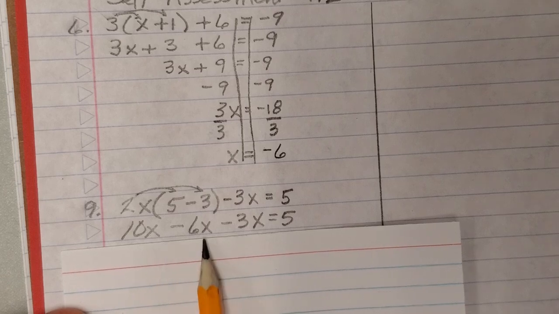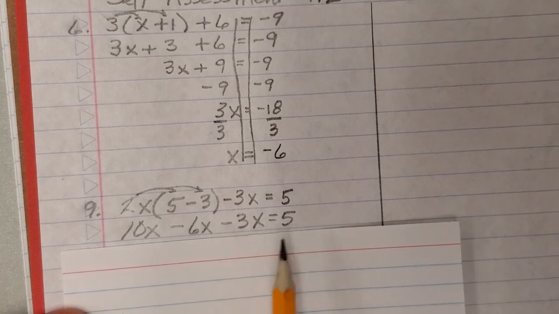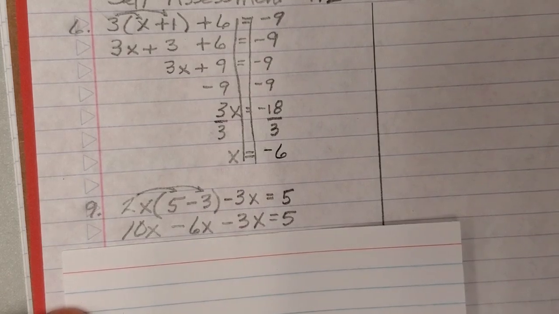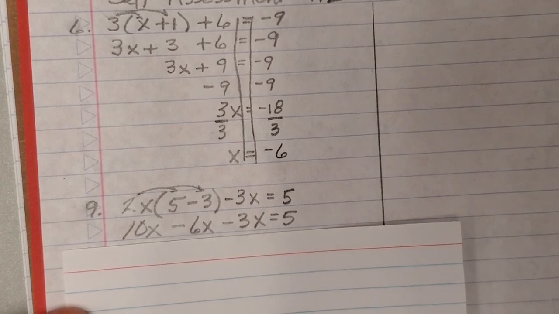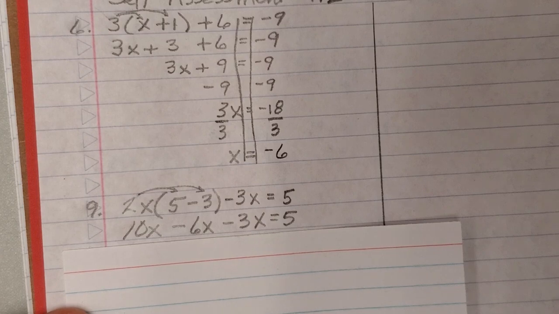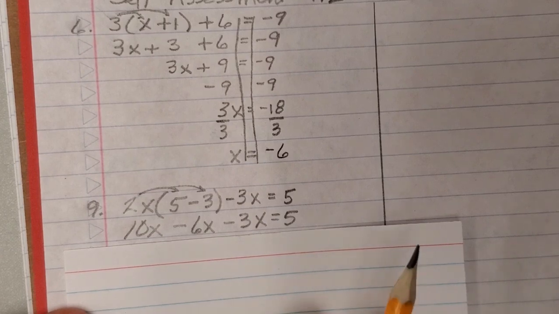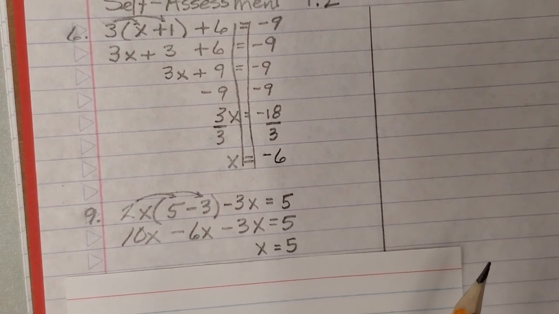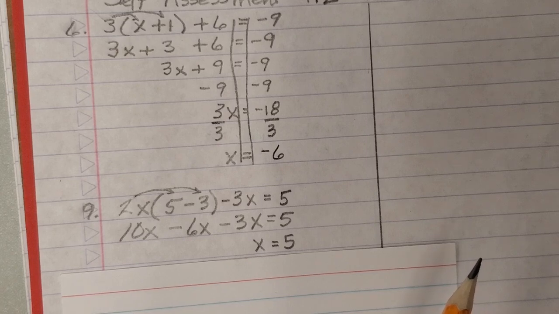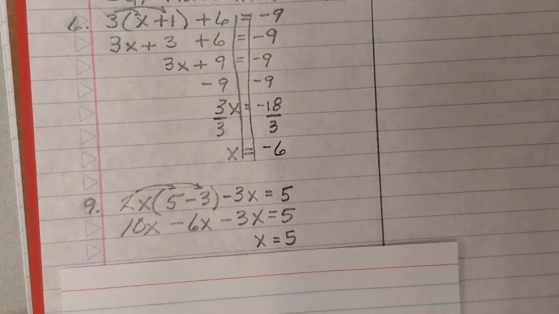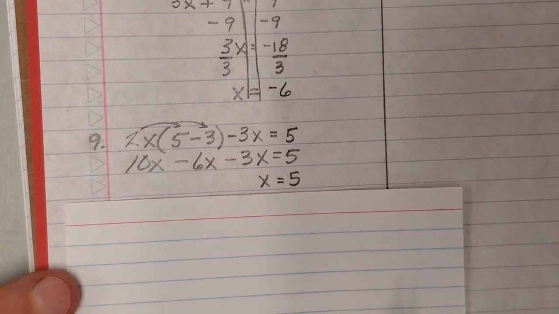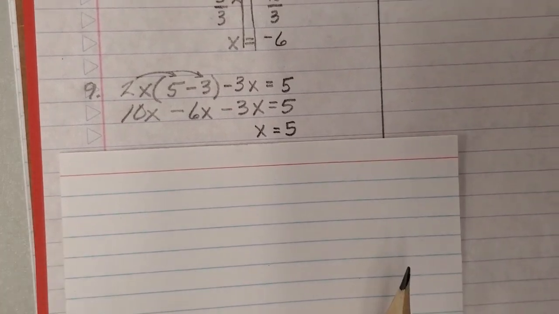So now what do you do? Combine like terms. So you get 10x minus 6x minus 3x is? 1x or x. So you end up with x equals 5 in your final answer. Now, make sure that you do your work because I see many students just write an answer down, and I'm like, you're not learning.